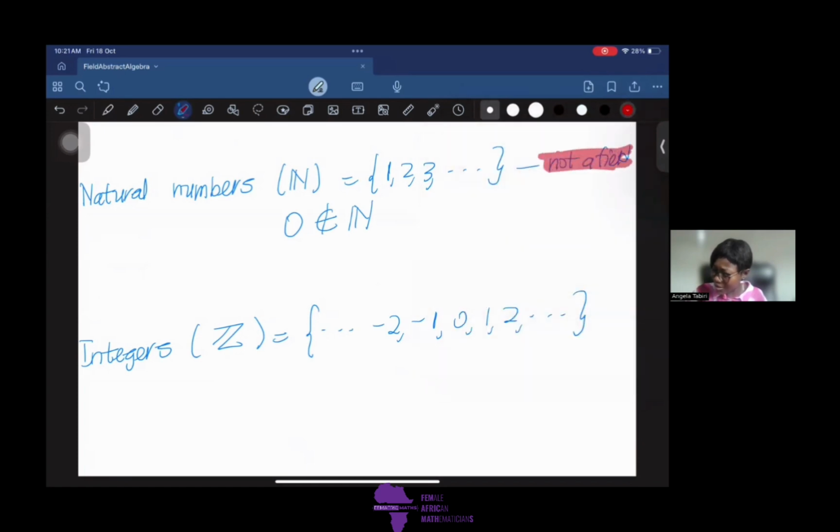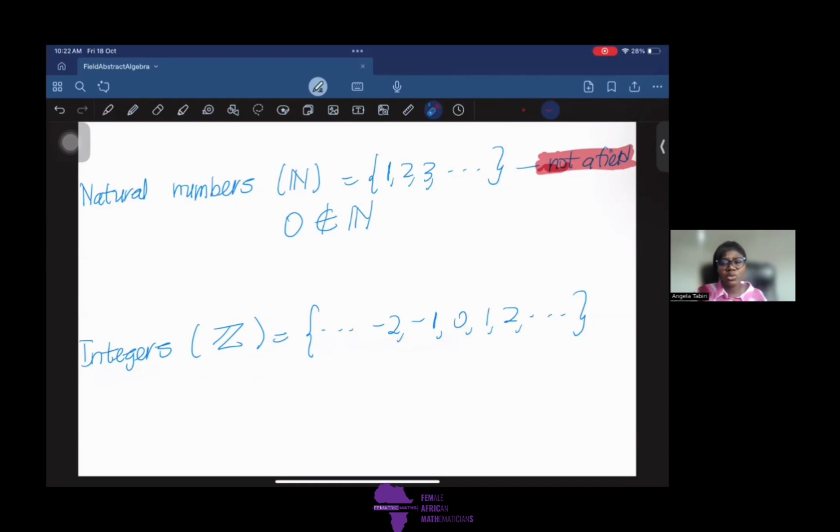Now let's look at another number system, which is the set of integers, which we denote by Z. You just think of positive and negative whole numbers: ..., -2, -1, 0, 1, 2, and so on. Now, in addition, yes, you have your closure, you have your associativity, you have your additive inverse, you have your additive identity. It will be commutative in addition.